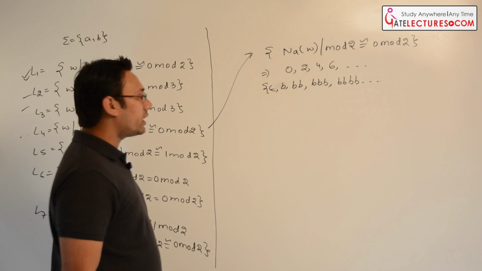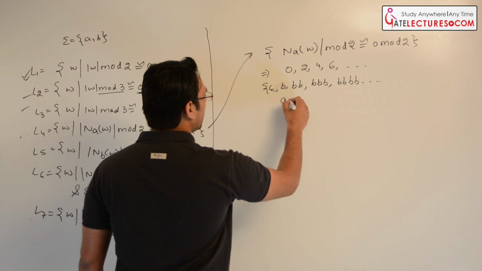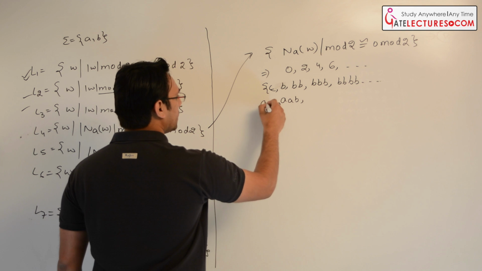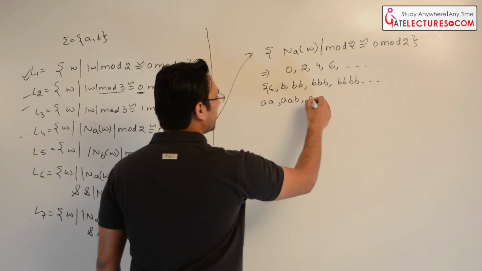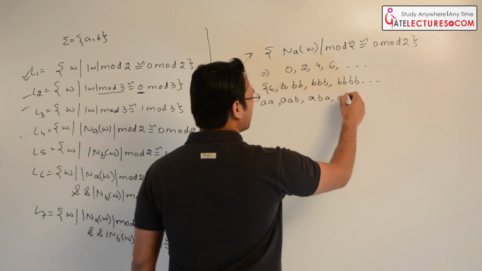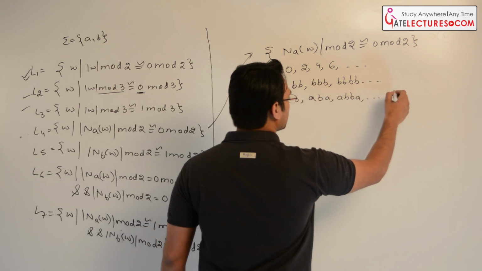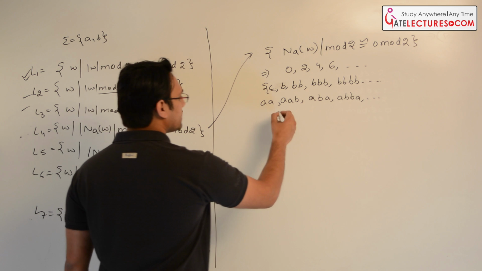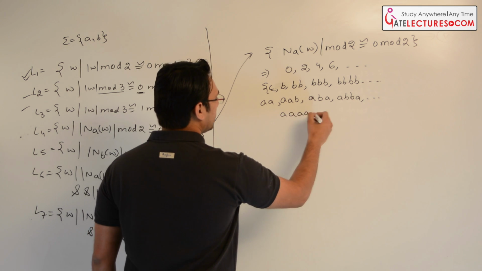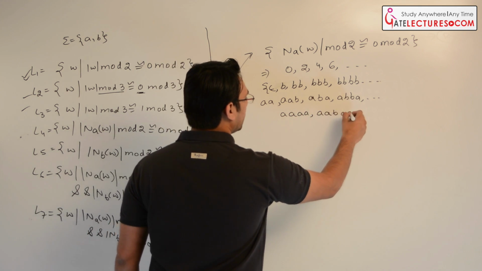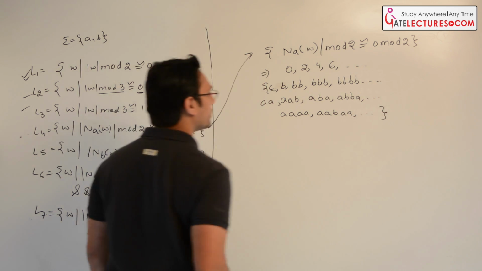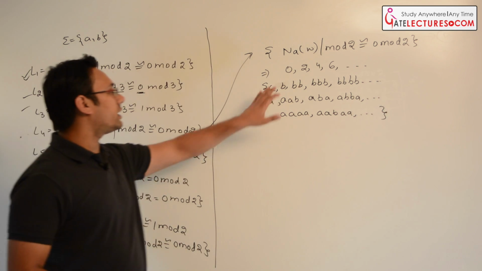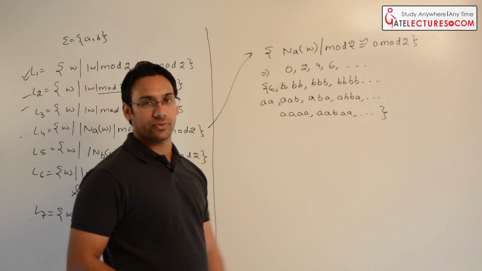We can have 2 A's, so AAB, double A, ABA, ABBA, and so on. We can have 4 A's, so AAAA, AABAA, and so on, right? That means we can have 0 A's, 2 A's, 4 A's, 6 A's, and so on.